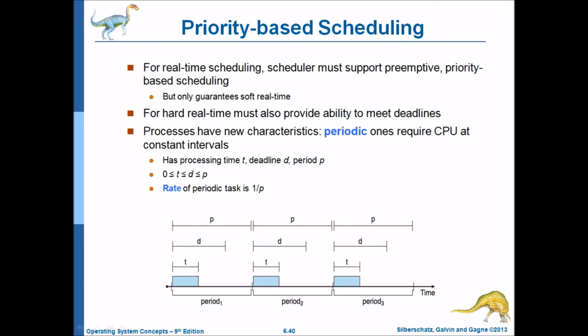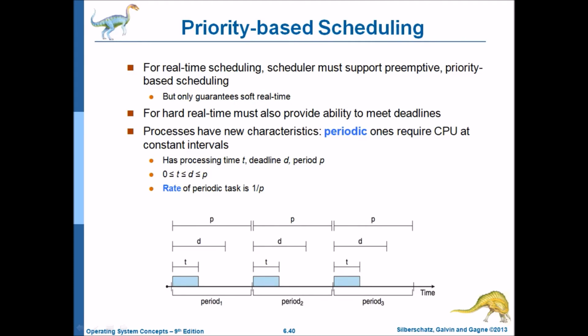So now we proceed to priority-based scheduling. The most important feature of a real-time operating system is to respond immediately to a real-time process as soon as the process requires the CPU. So for real-time scheduling, the scheduler must support preemptive priority-based scheduling.